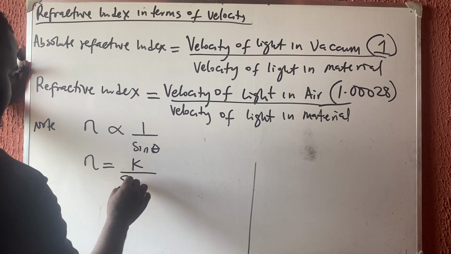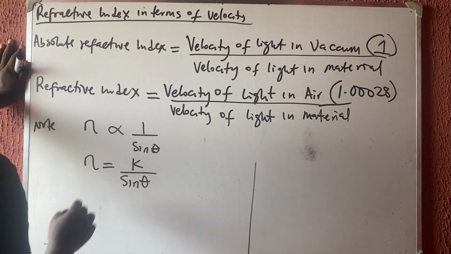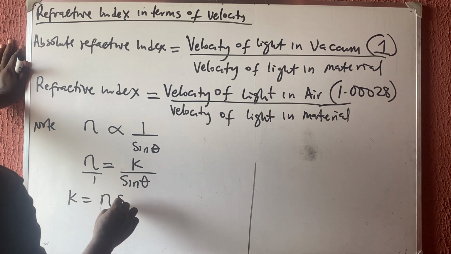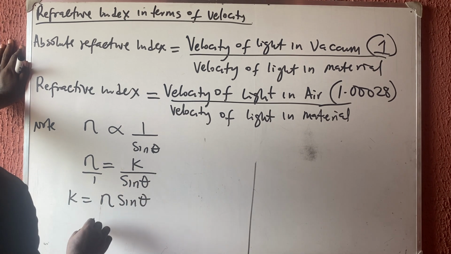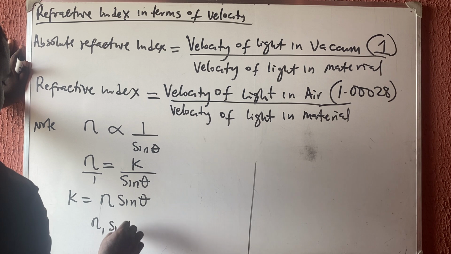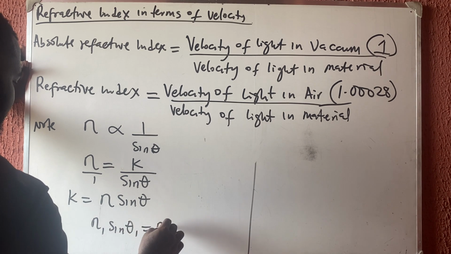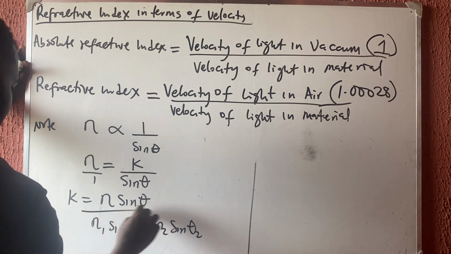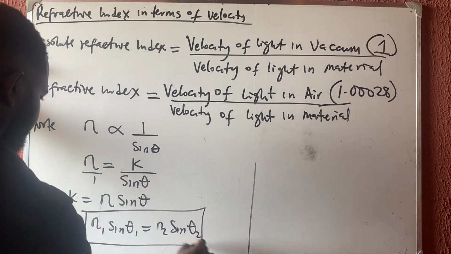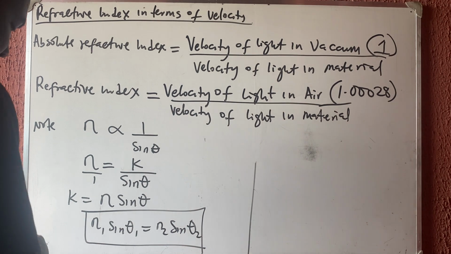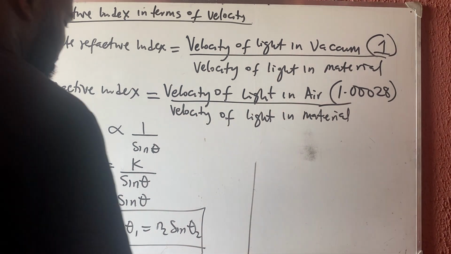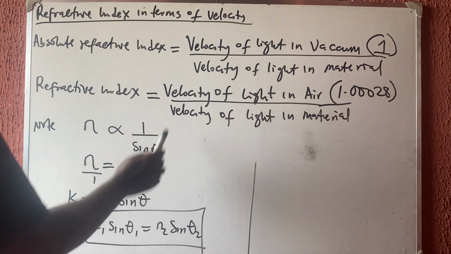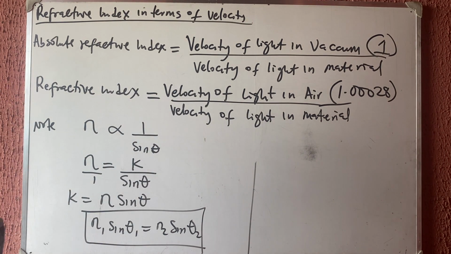If I cross multiply, K is equal to n sine theta, which shows that n1 sine theta 1 is equal to n2 sine theta 2. Very very important formula to note. Note these two formulas.